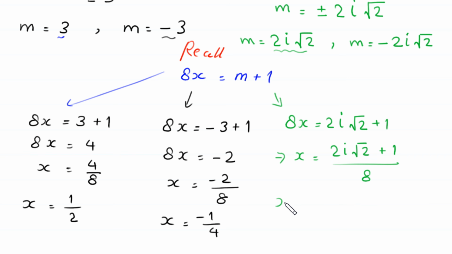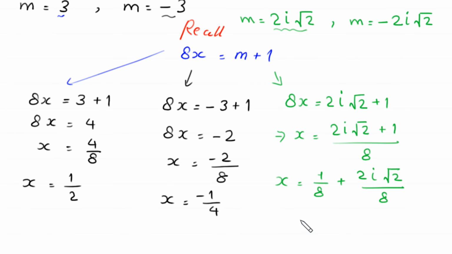And this implies that x is equal to 1 over 8 plus 2 times i times root 2 over 8. And from here we get third value of x is equal to 1 over 8 plus, 2 over 8 is 1 over 4, so this will become i times root 2 over 4.